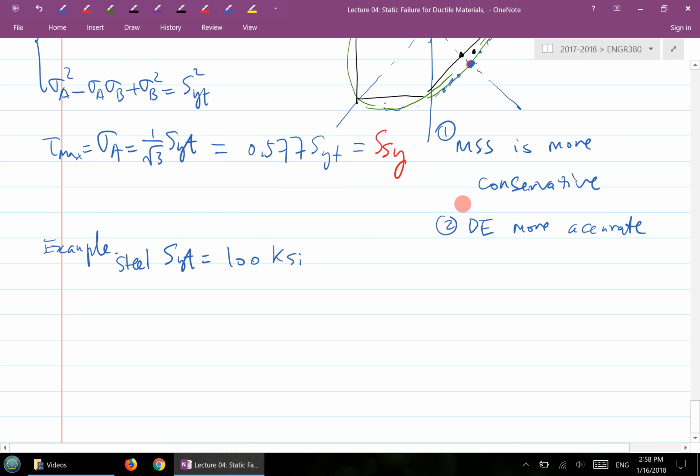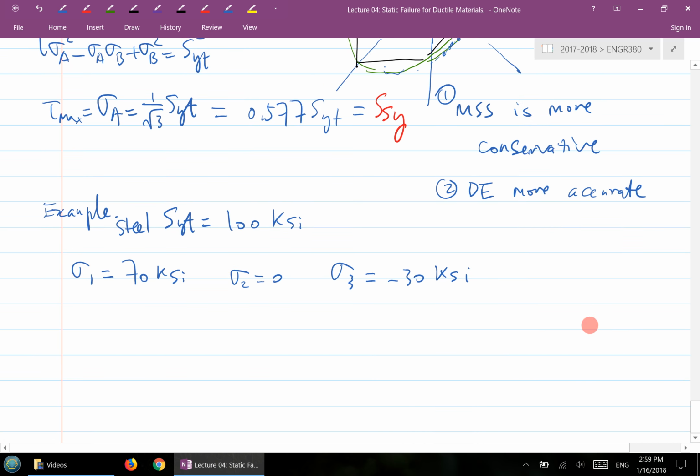We somehow already calculated sigma 1, 2, 3, and let's calculate the safety factors using both MSS and the DE theory.